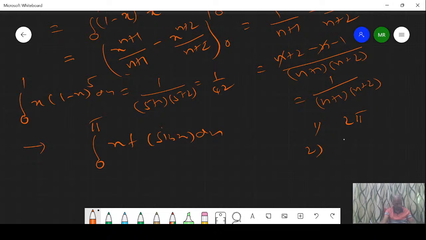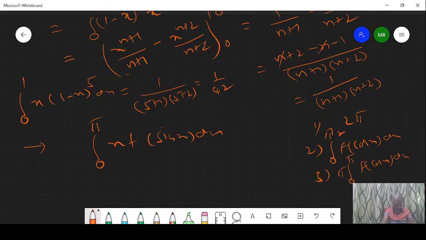Second option, 0 to pi by 2, f of cos x dx. Third option, pi into integral 0 to pi, f of cos x dx.